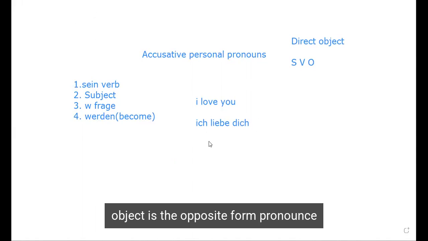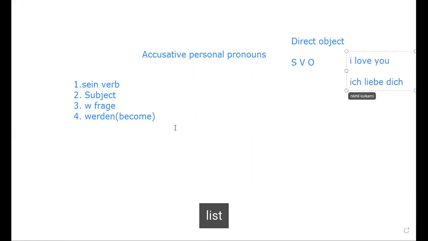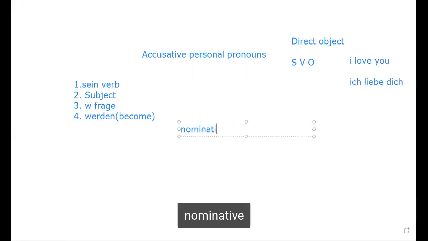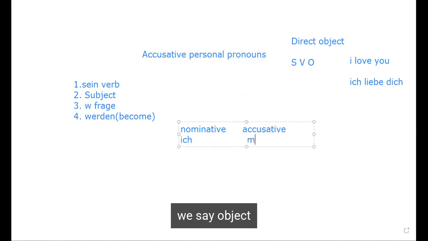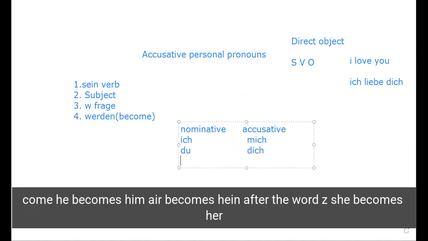Let's look at the accusative pronouns list. Start with nominative, and we say object. Informal you becomes dich. Er becomes ihn, he becomes him. After the verb, sie, she becomes her.